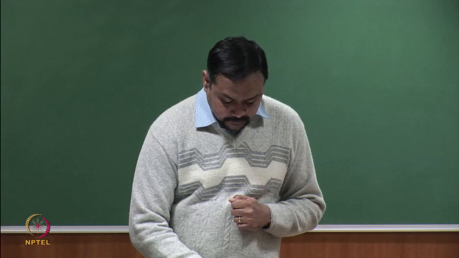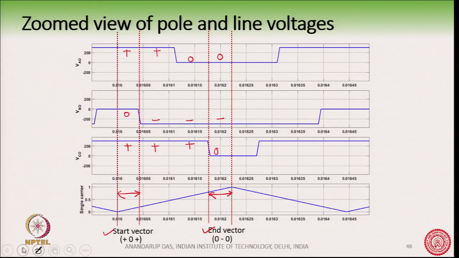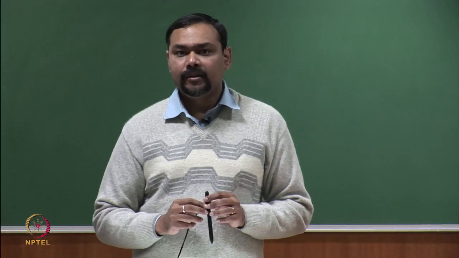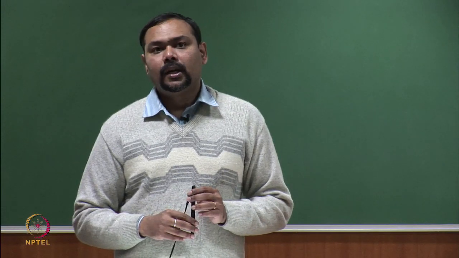So, how to check whether you are correct is to see a zoomed version of the waveform, and you will see that the starting and ending vectors are coming out to be equal in duration, okay. So, this is how space vector PWM for NPC is done.